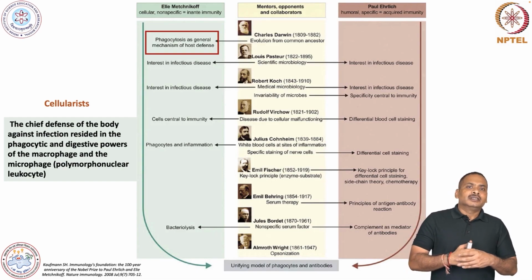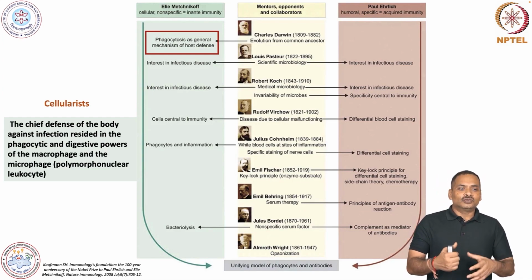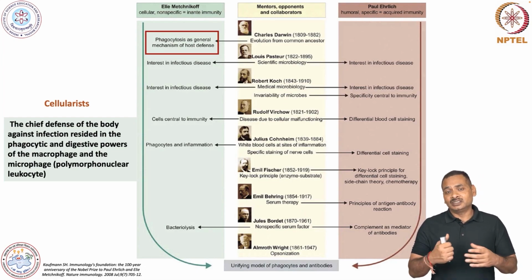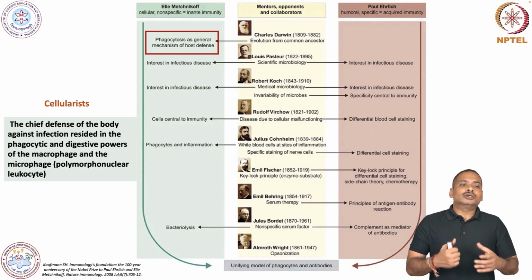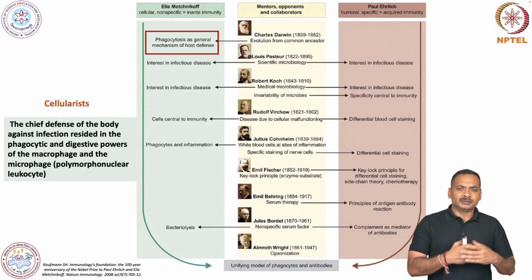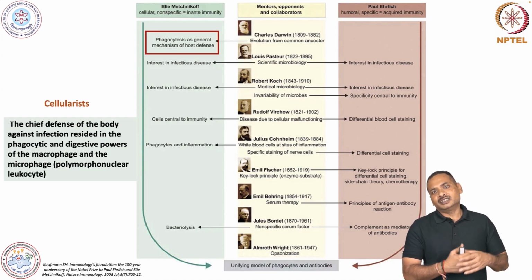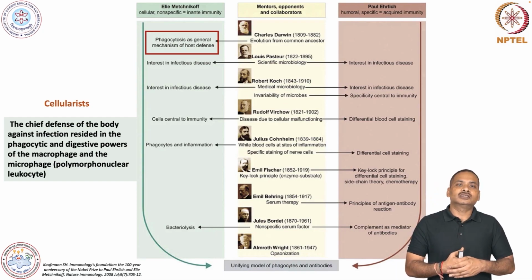Okay, he also said that there are macrophages. Macrophages are basically polymorphonuclear leukocytes. These are types of blood cells which I will discuss at great length when I take up the cells of immunity. Okay. So basically the macrophage plays a key role in immunity, and its digestive capacity or digestive power gives a strong immune response.